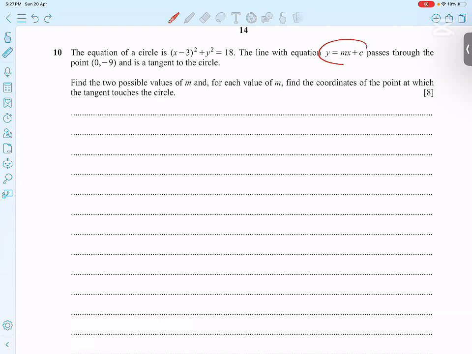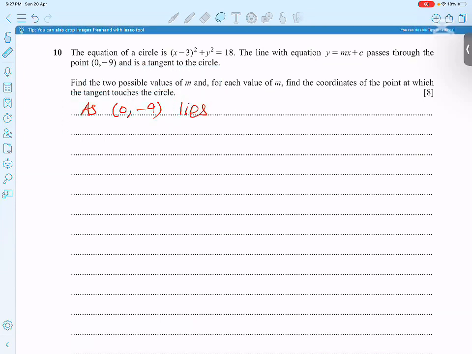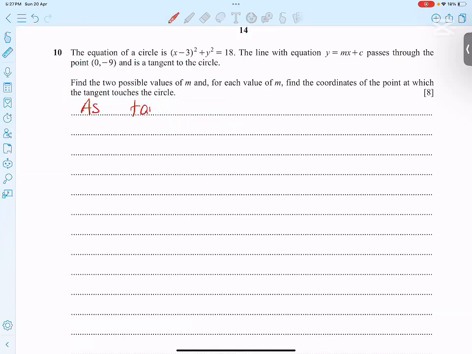Okay, so now a question comes to our mind. This is the equation of a line which passes through this point. So first of all, I will say that 0 comma negative 9 lies on the tangent, or the tangent passes through this point. You can plug in this point before or after, no problem.